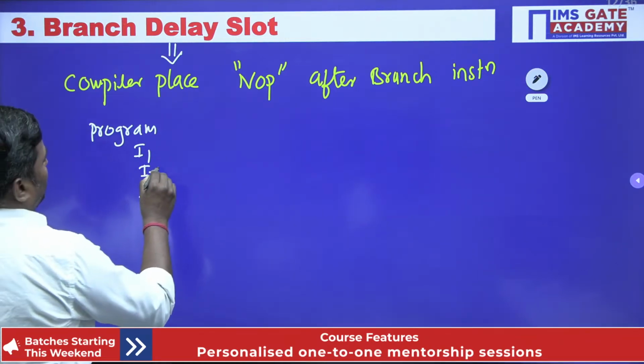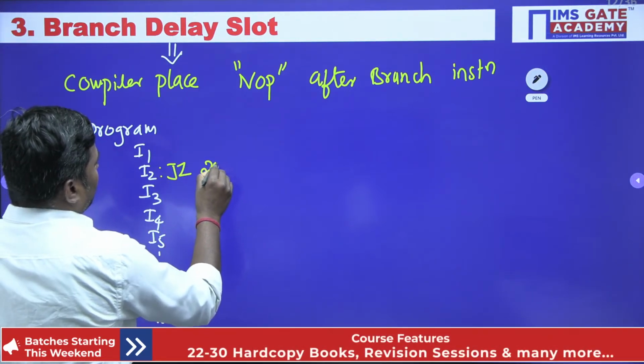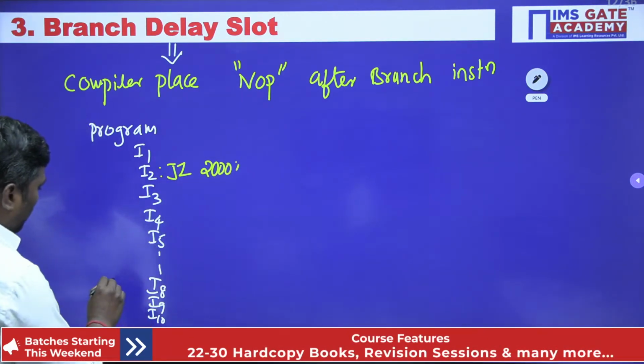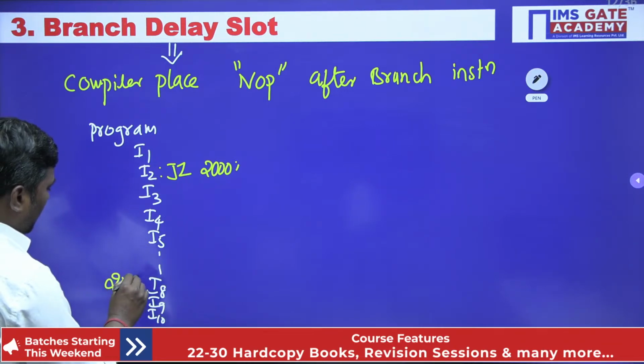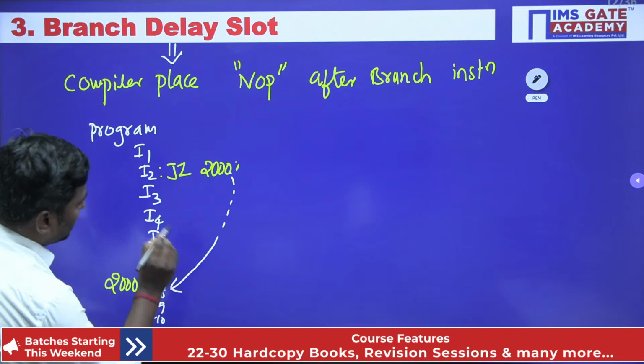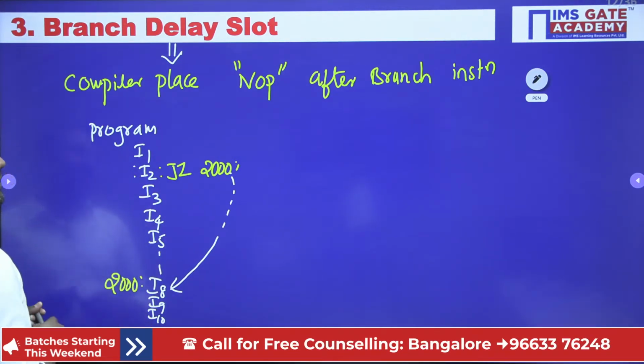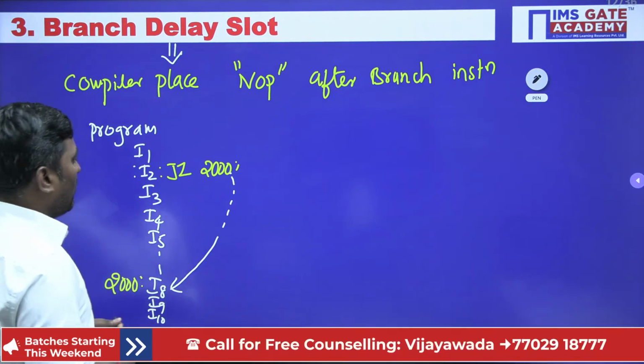Now observe, this is jump 0 to 2000. At 2000, I8 is there, I8 is the target instruction. This is a branch instruction, and its target is I8.